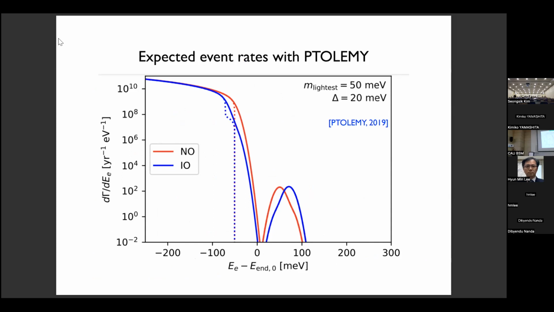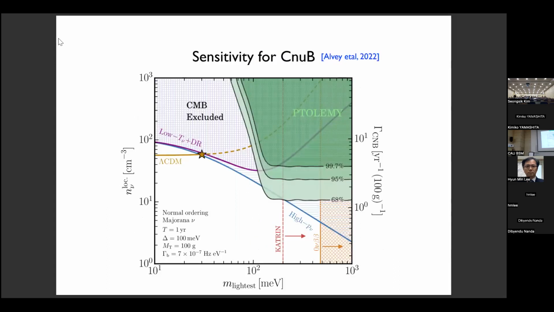This is a simulation of the spectrum for measuring these cosmic neutrinos for normal ordering or inverted ordering. Anyway, this peak can be shown like this. Okay, so there's a future experiment, and the prospect for this PTOLEMY-like experiment is like that.